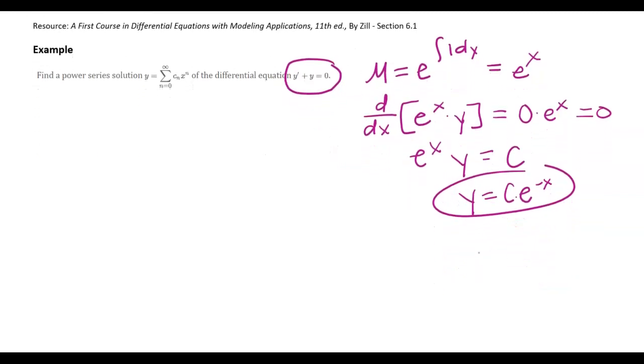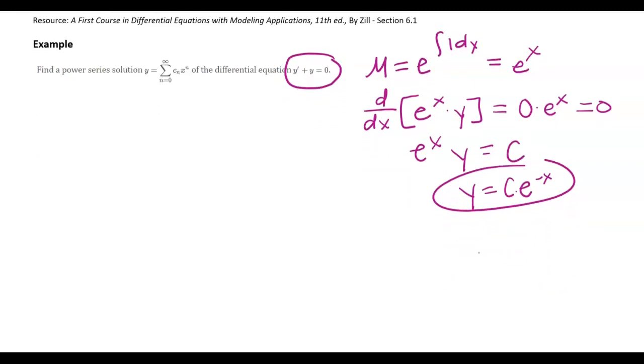So let's look and see how we would do this now with the new series solutions. What I need to know is that this is my form of the generic series for a power series. And when I take the derivative of that, let's write out a few terms. So we would have what?